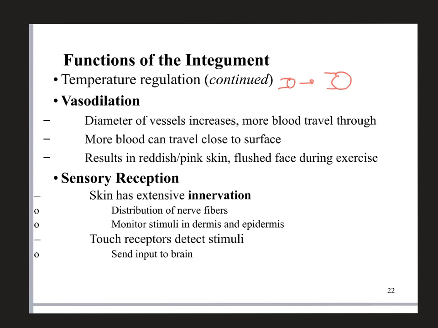Skin has extensive innervation, a number of nerve fibers throughout, and this monitors stimuli in the dermis and the epidermis, and allows you to detect stimuli and send the input to the brain, depending upon where that stimulus is coming from. You can determine the type of touch.